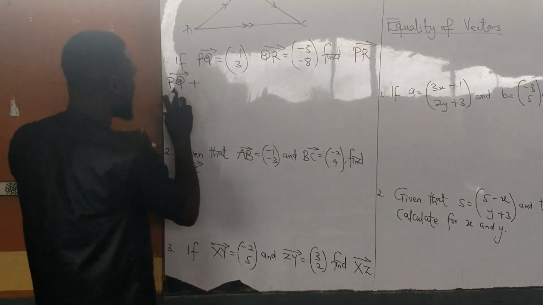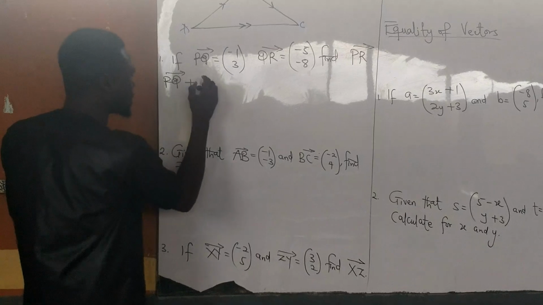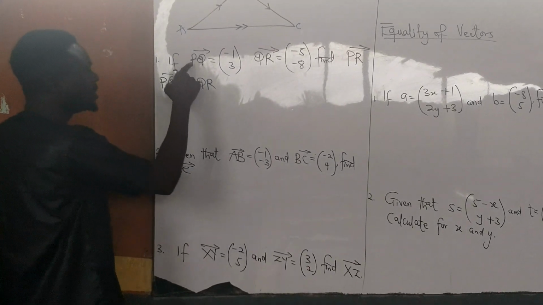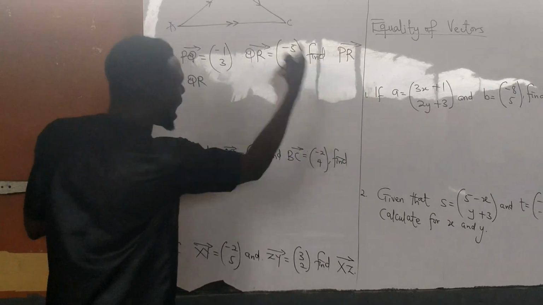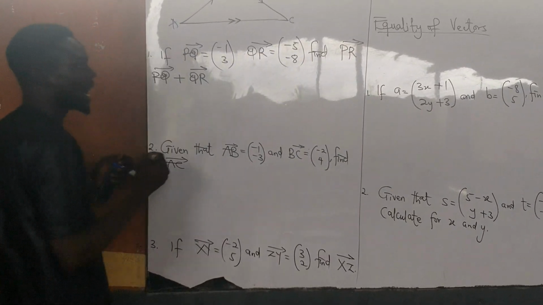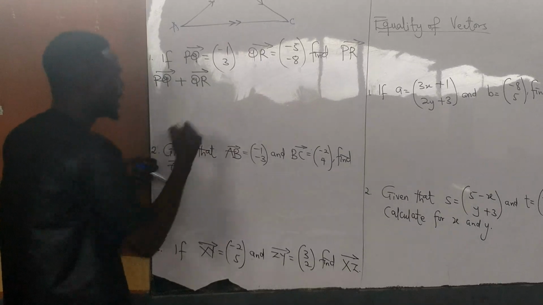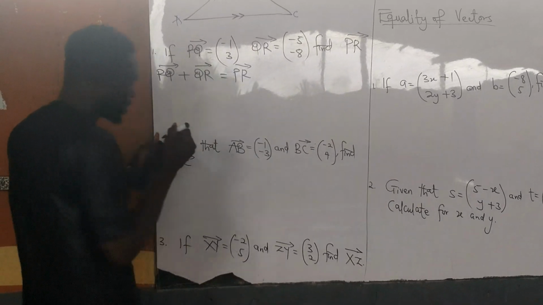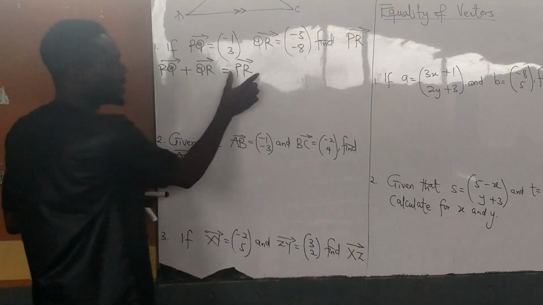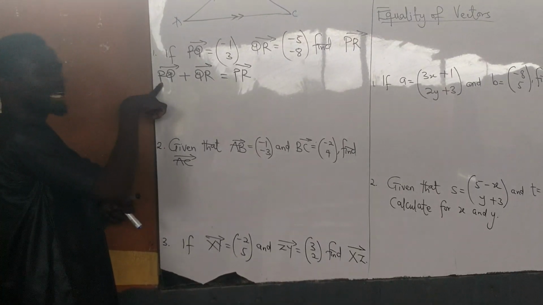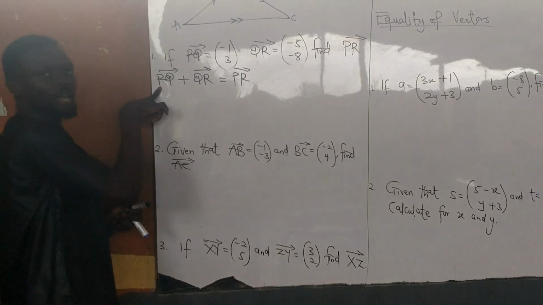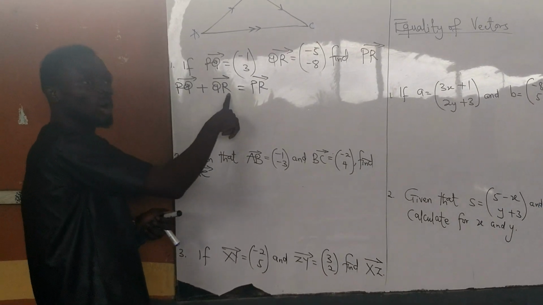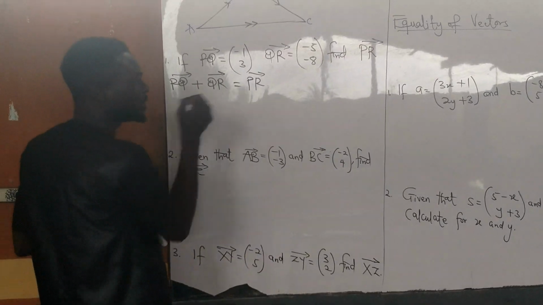So our next vector, we have Q, then R, because you can see they are dealing with P, Q, and R. So this becomes vector QR. And this is equal to the resultant PR. So you will notice that the resultant is the first letter of the first vector, and the second letter of the second vector, and that is the resultant.